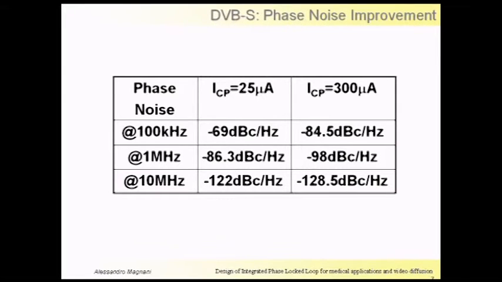In order to improve the phase noise, the first step investigated was to increase the current of the charge pump. In the actually realized prototype, the charge pump current is 25 microamps. And in simulations, we raised the charge pump current to 300 microamps. And we can see that we have an interesting improvement of the phase noise, especially in this frequency range where we were far from the standard.